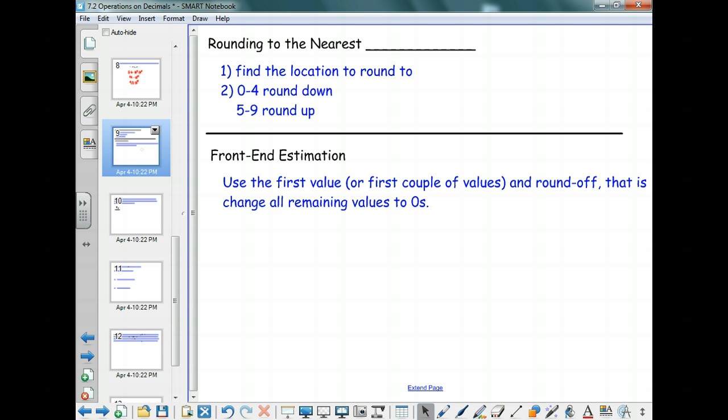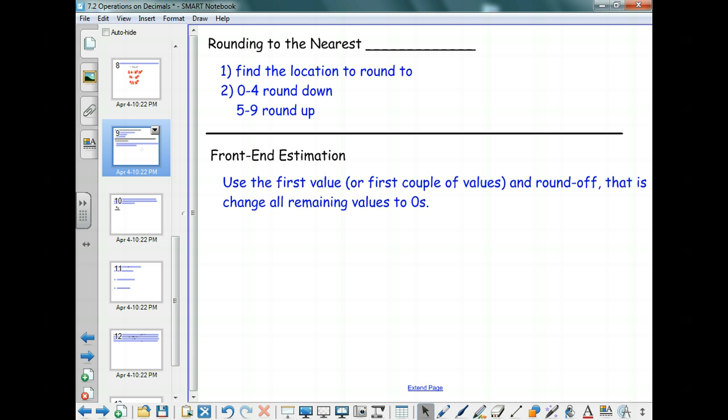Front-end estimation means simply looking at the first value or first couple of values, depends on how much you're rounding to or wanting to estimate to, and rounding off. So rounding off means taking everything after that number and turning it into zeros. Okay?